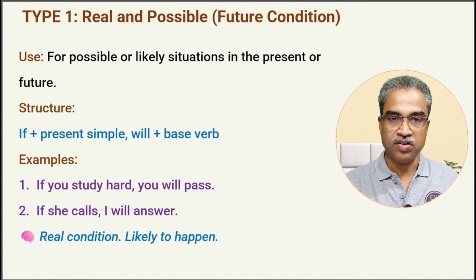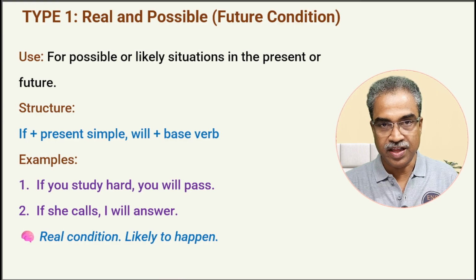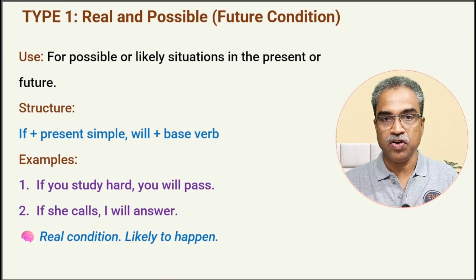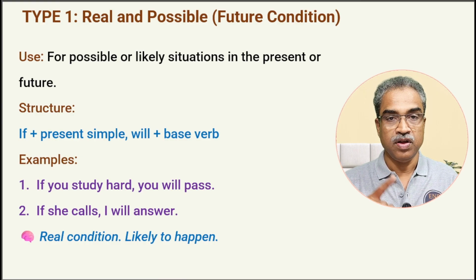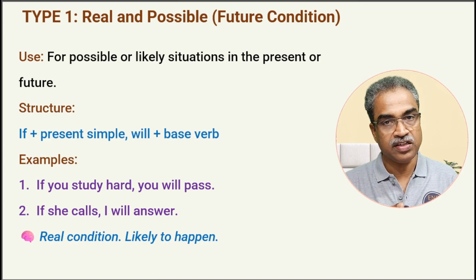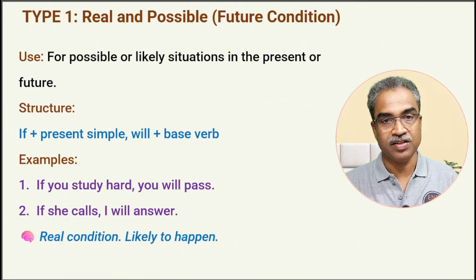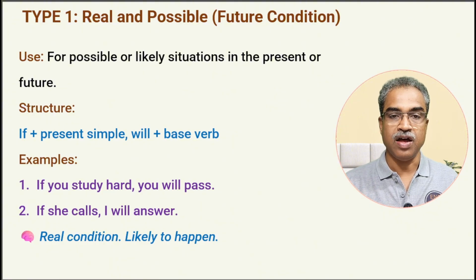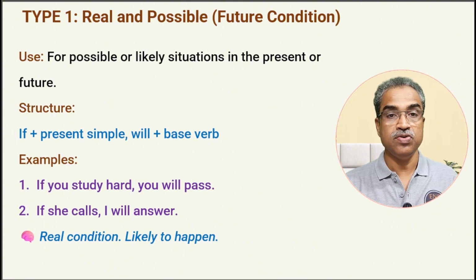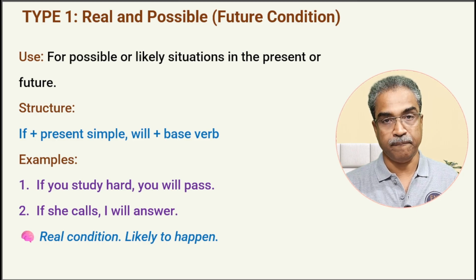So what is the structure of this sentence? First is if. In the if clause, after if, remember we need to use simple present tense, just like type 0. But the difference here from type 0 is in the main clause, after the subject, we will use simple future.